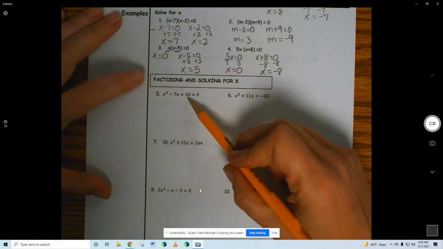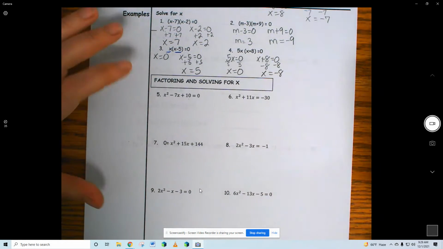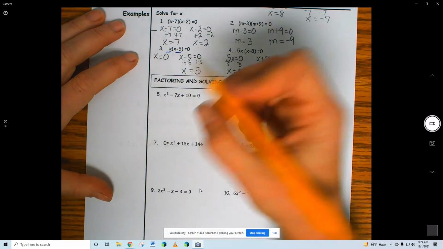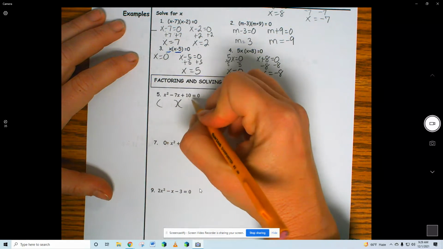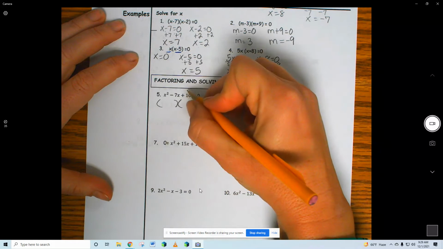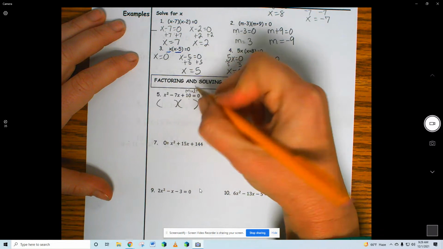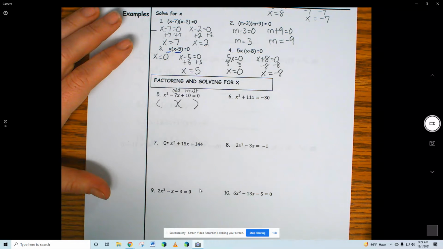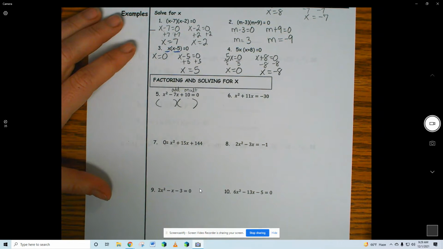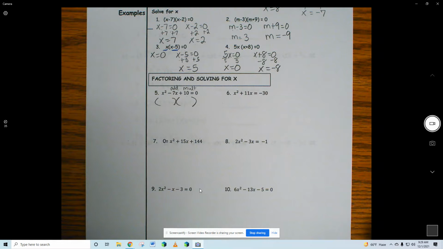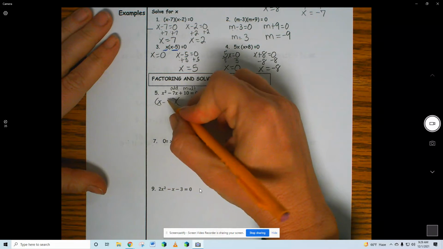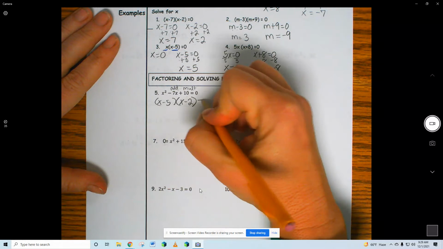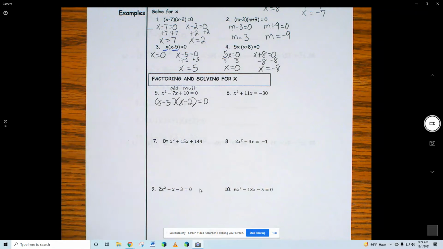So number 5 is nice because it's already equal to 0. What two numbers multiply to make 10? Remember, multiply to make 10 and add to negative 7. Negative 5 and negative 2. X minus 5, x minus 2. And then I'm going to put the equals 0.